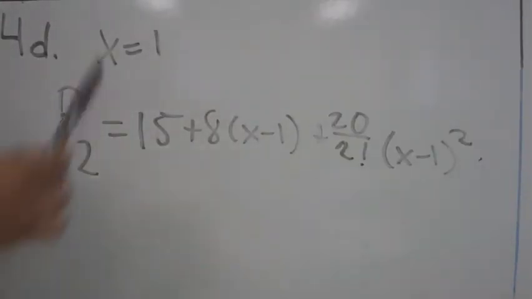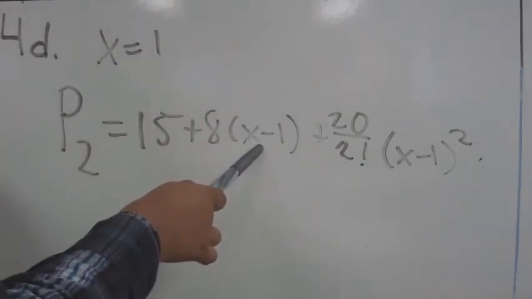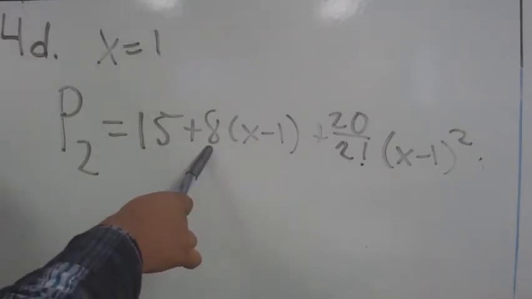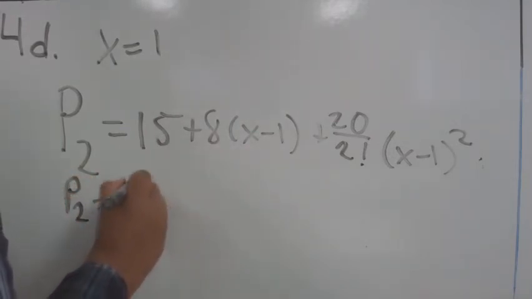So for part D, we'll be looking for the Taylor series, where we'll be starting at x equals 1. The x equals 1 will be represented as the parentheses x minus 1. Our first number is 15, then our first derivative is 8, and so on and so on.